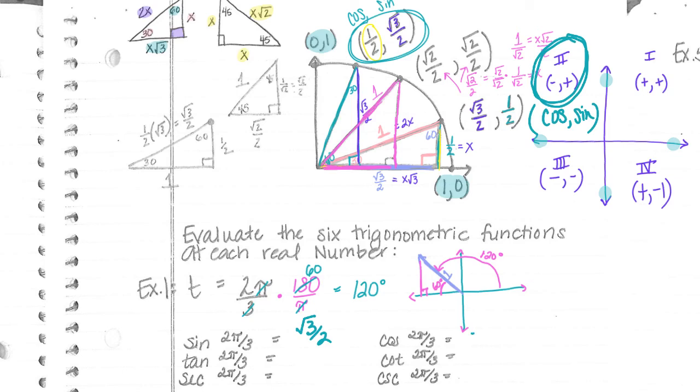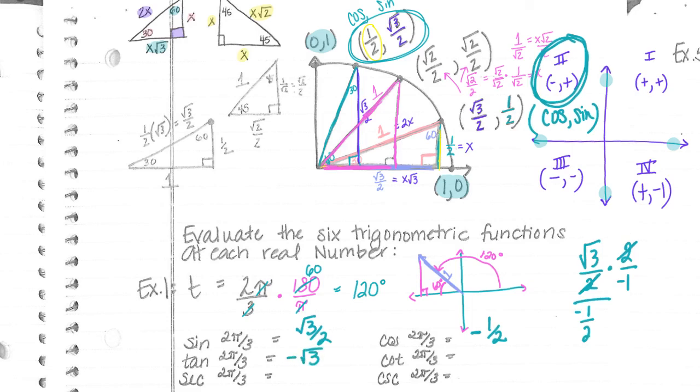The cosine had to be negative. Then my tangent is just going to be root 3 over 2 over negative 1/2. Well, remember when I divide, I'm just multiplying by the reciprocal. These cancel out very nicely. And for tangent, I get negative root 3.